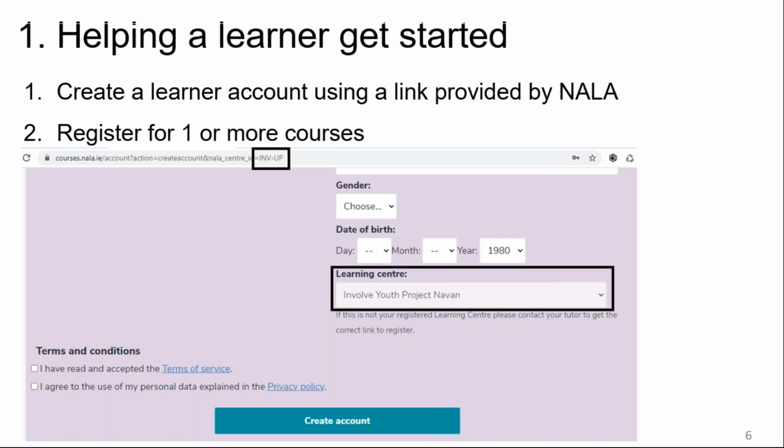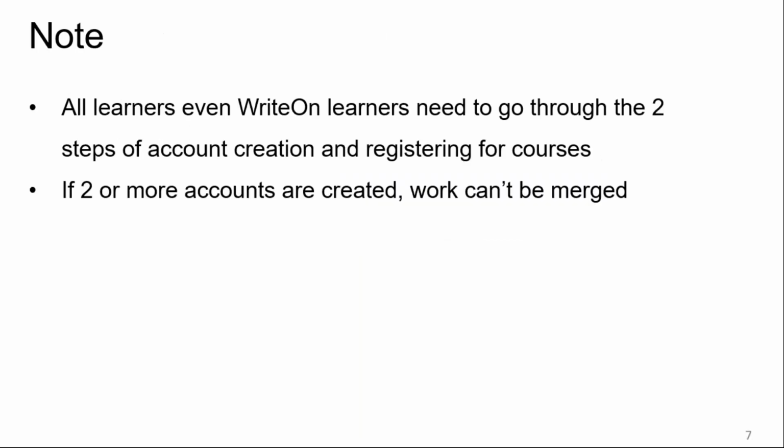So learners need to fill out a form that would look something like this, where there's a particular code, which is here in the square, and that code is tied to the centre name. So once the learner has filled out that form, then the second thing they would have to do is to register for courses. So they can register for as many courses as they like. And once they've done that, then they'll be able to access the courses.